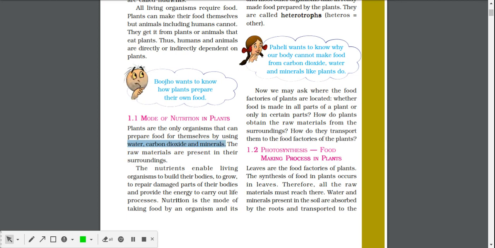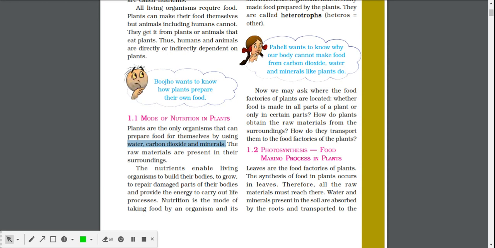The raw materials are present in the surroundings. All the raw materials like water, CO2 and minerals are present either in soil or in the atmosphere. So they are going to take all those nutrients and perform their process of nutrition, right?